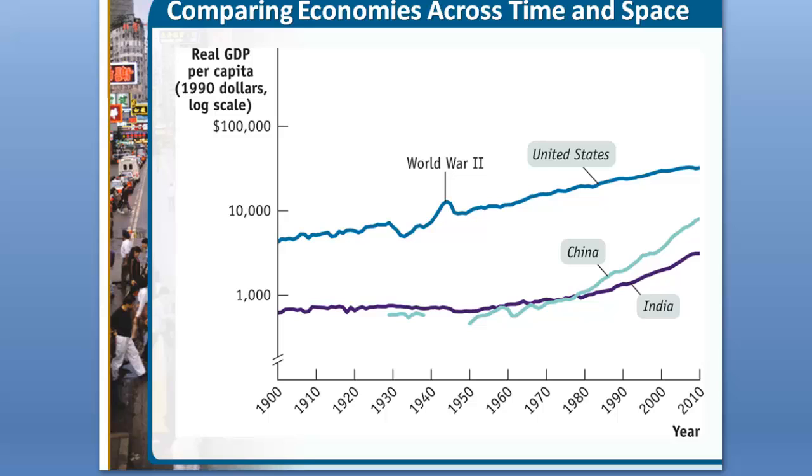The source of this data is Angus Maddison, Statistics on World Population, GDP, and Per Capita GDP from the year 1 through 2006 AD, available at www.ggdc.net, and the International Monetary Fund.